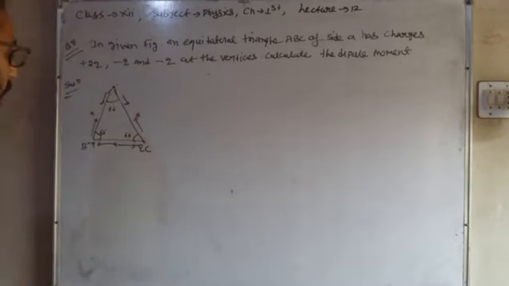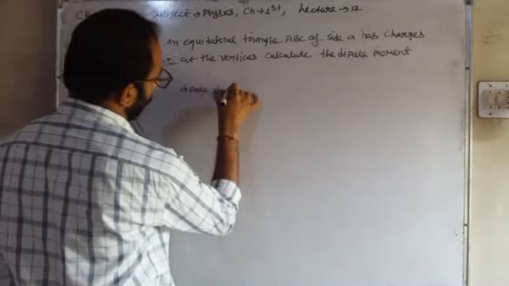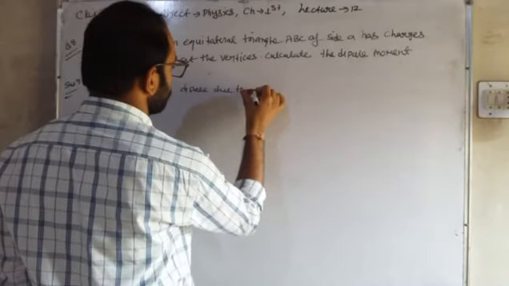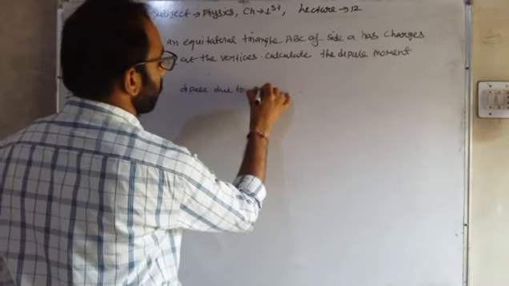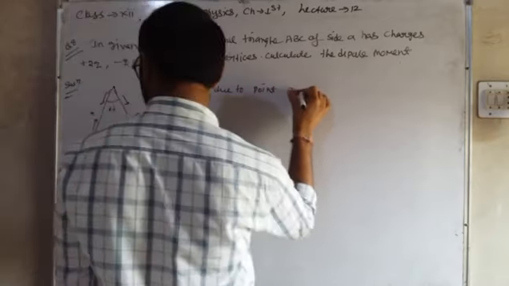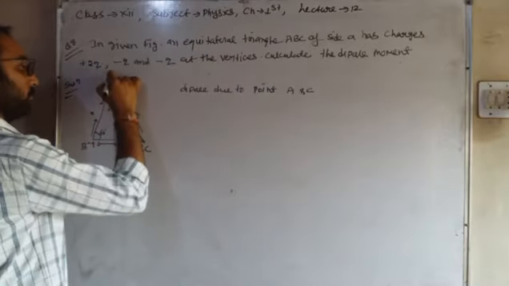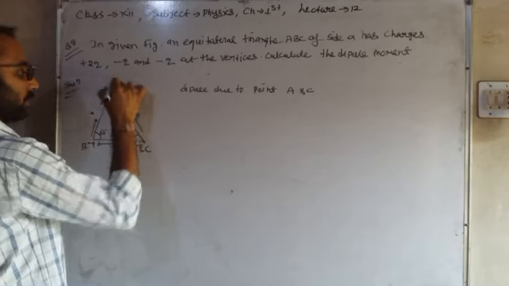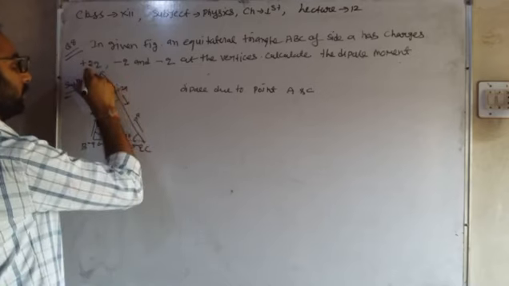Okay. Dipole due to points A and C: the dipole direction is from minus 2q to plus q. This one is P1.